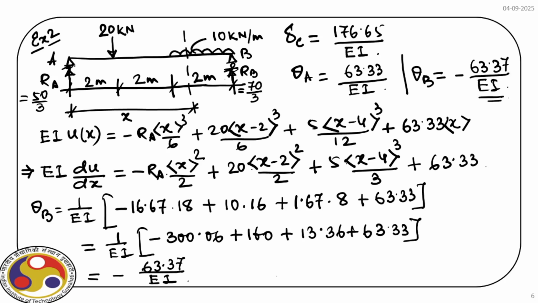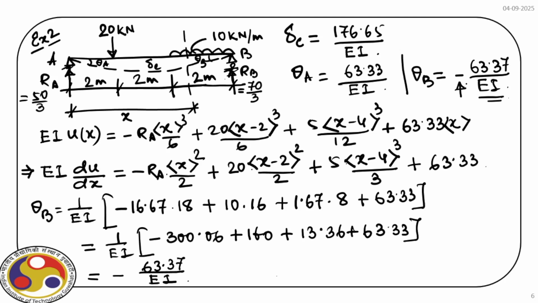So we have the complete shape of the deformed beam, and we have also found the central deformation, and the slopes at the two ends. And here also you can see the slope at the end B is having a negative sign. That means it is in the opposite direction.